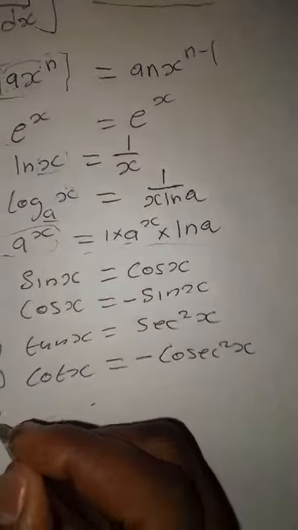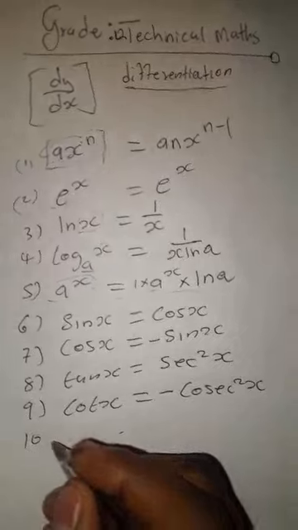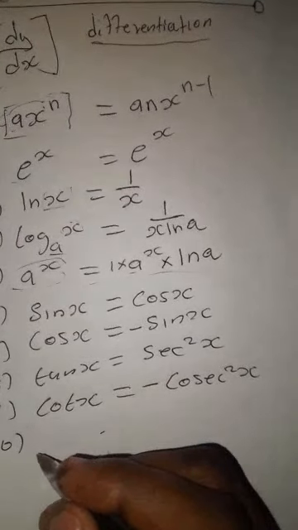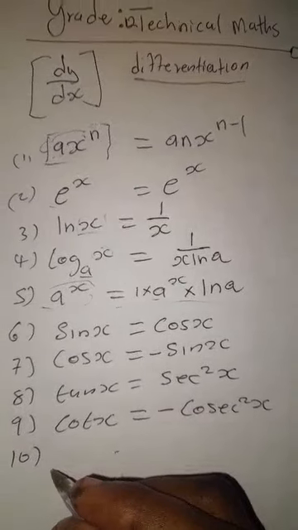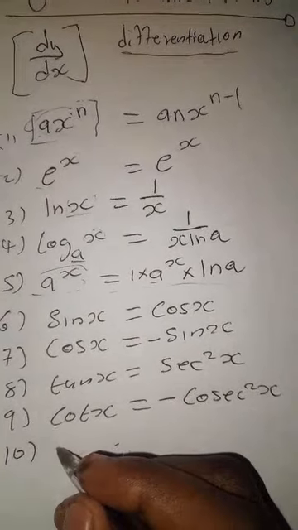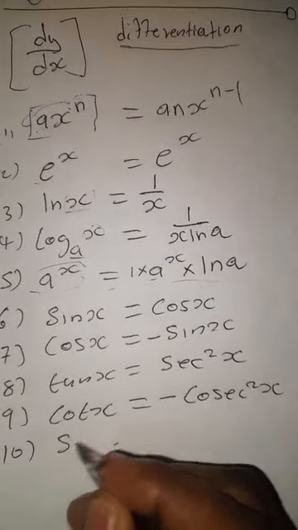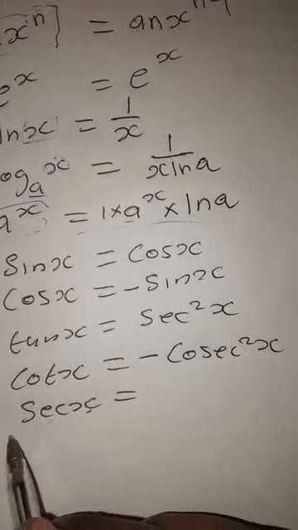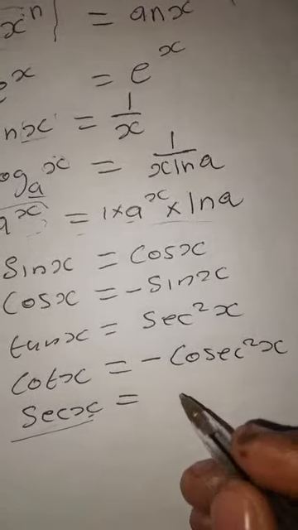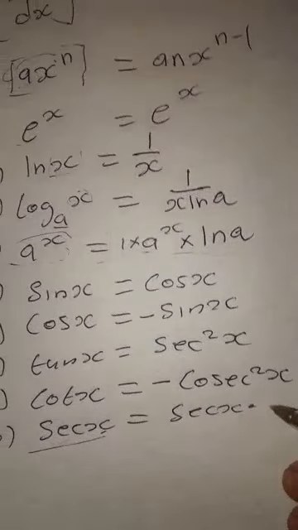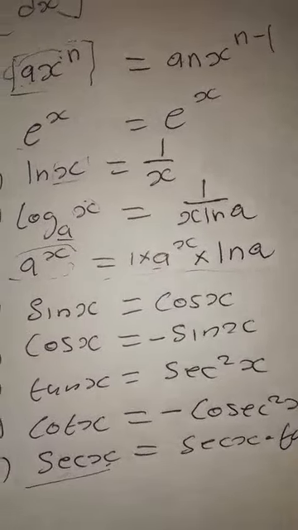Number 10, the important one here, is to understand when you're given, let's say, sec x. We know that with sec x, you start by writing sec here, positive, then multiplied by tan x.